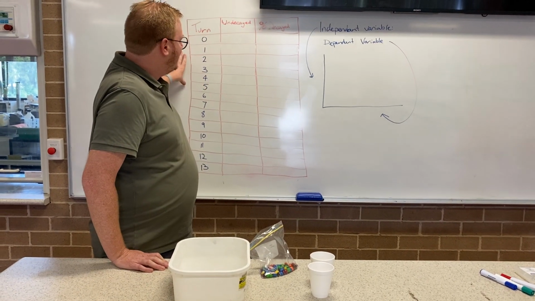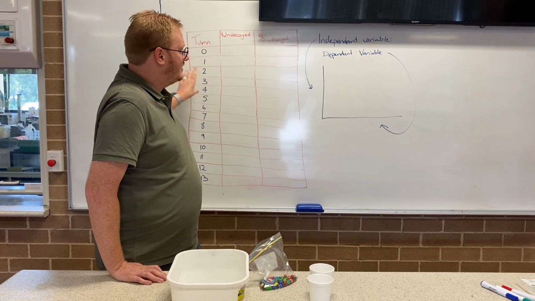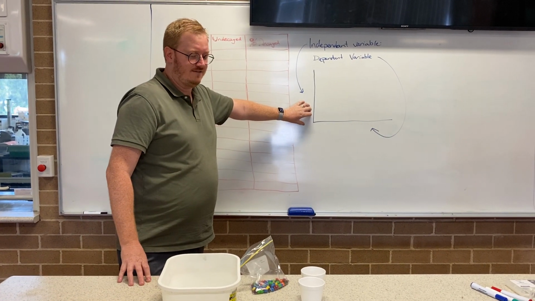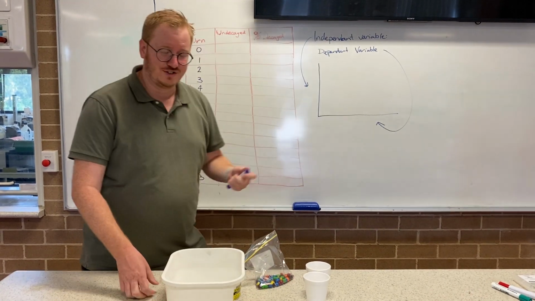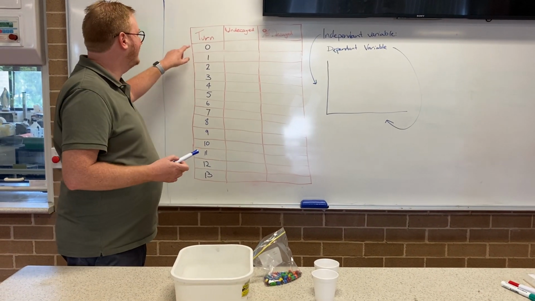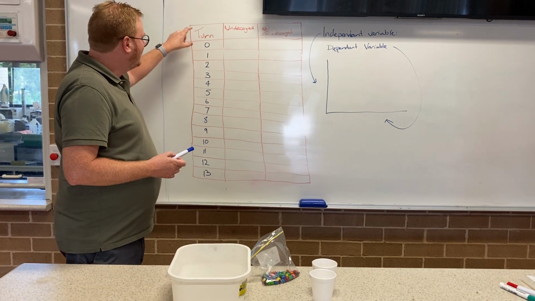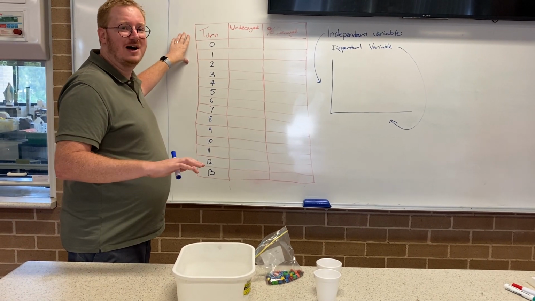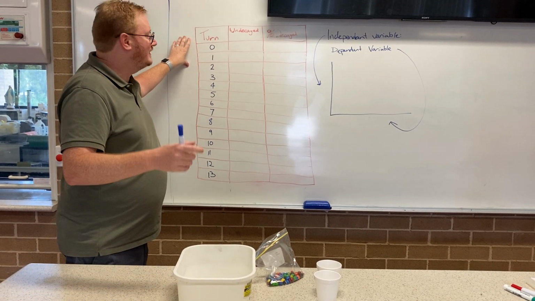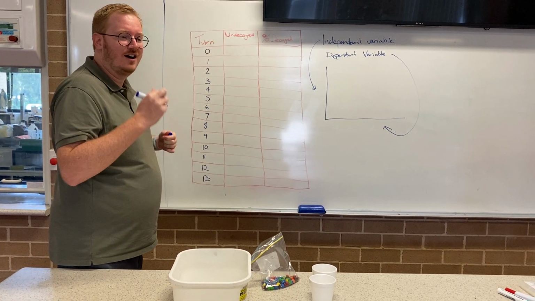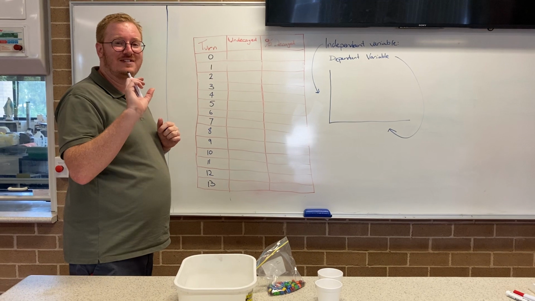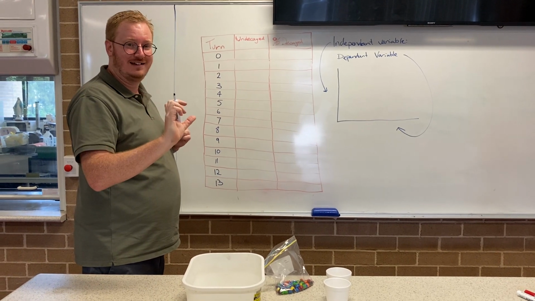Up here on the board I've got my table ready to take down results. For our first run, notice down here in the column I've got the number of turns. That's how many times I flip these M&Ms. The undecayed ones are either landing with the M's up or blank up.